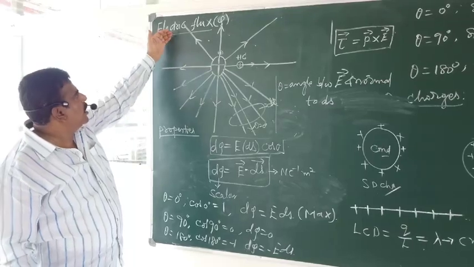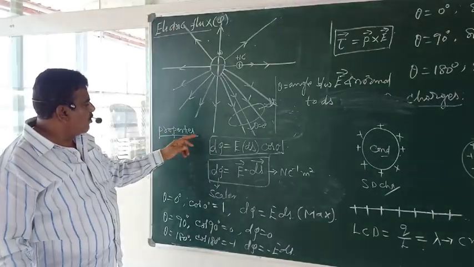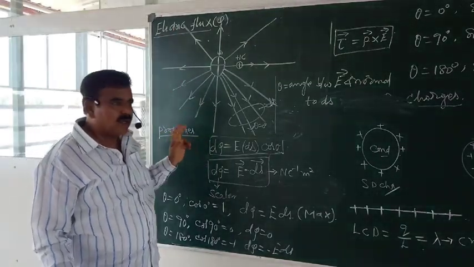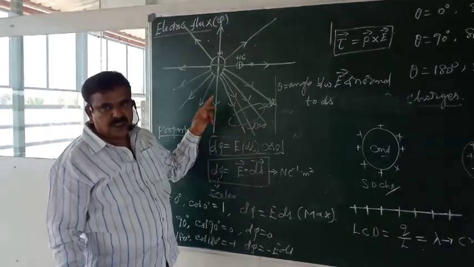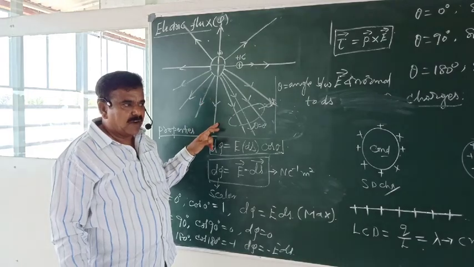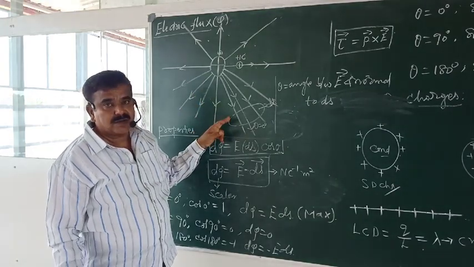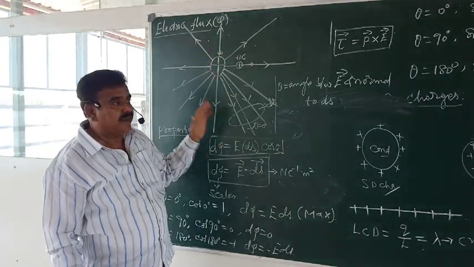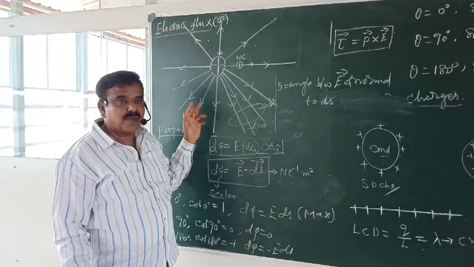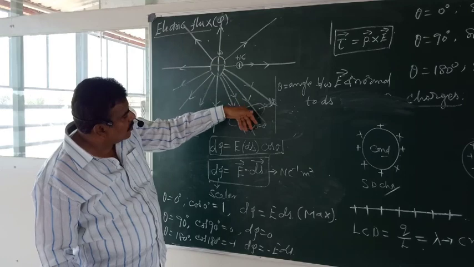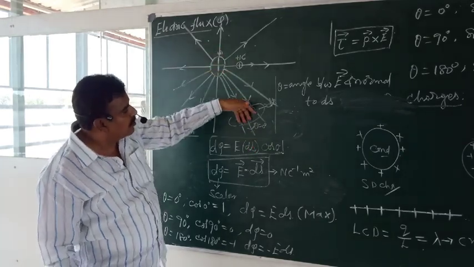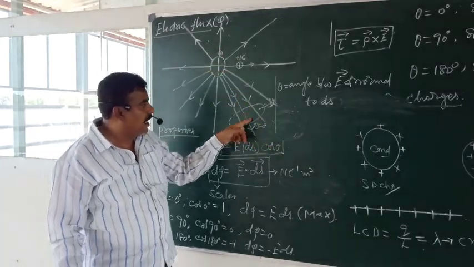I hope you have understood the meaning of electric flux. The word flux is similar: water flux, luminous flux, electric flux, magnetic flux. The concept is the same; only the place where we are thinking is different. It is the number of lines of force passing through the area.